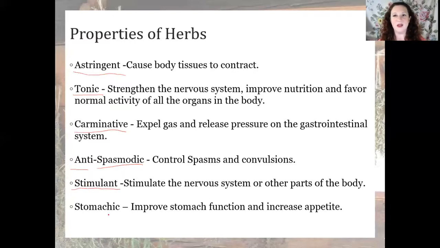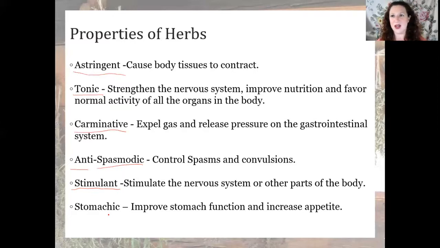So the next one is a stimulant. And I bet you can probably guess what the most famous stimulant is. Usually I have a cup of it on my desk. Surprisingly, right now I don't. But the most popular stimulant is going to be caffeine or coffee. Chocolate also has caffeine and is a stimulant.